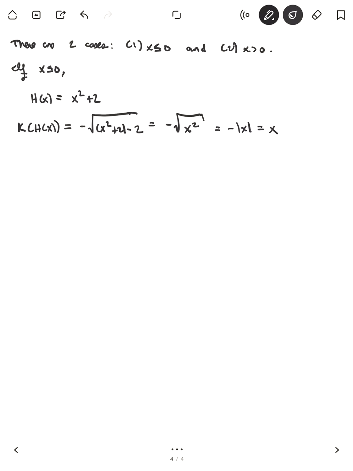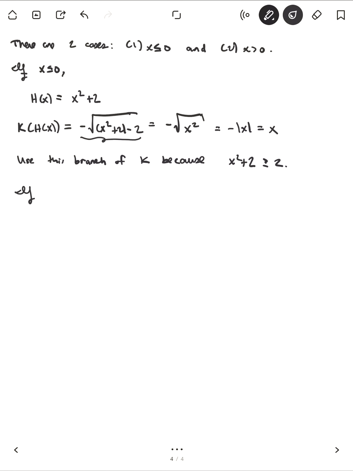Now, why did I choose this structure for k as opposed to the other, because k is also piecewise defined? Well, what I'm plugging into k is x squared plus 2. So use this branch of k because x squared plus 2 is bigger than or equal to 2.